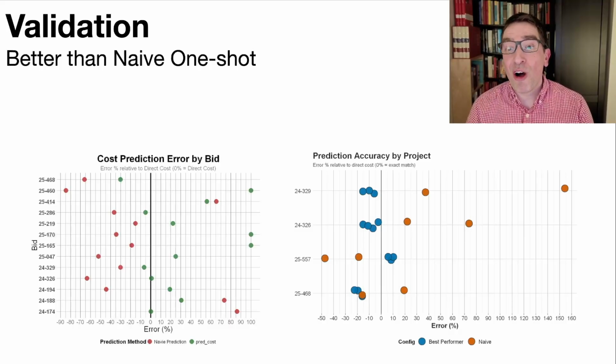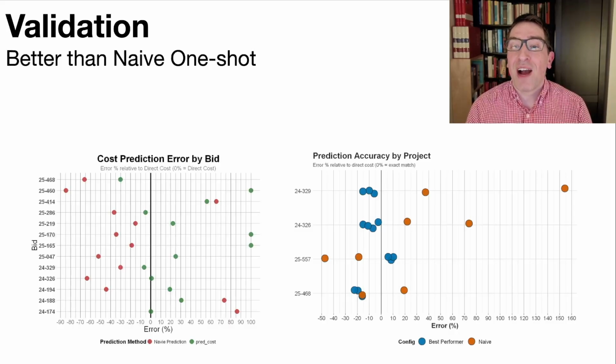So is all that effort worth it? That's what having a robust validation process shows you. Here we have a comparison of a naive approach, which is just that work breakdown structure and a project summary dumped into Copilot, where we ask the Copilot to just fill it out, versus the output of our agentic pipeline.